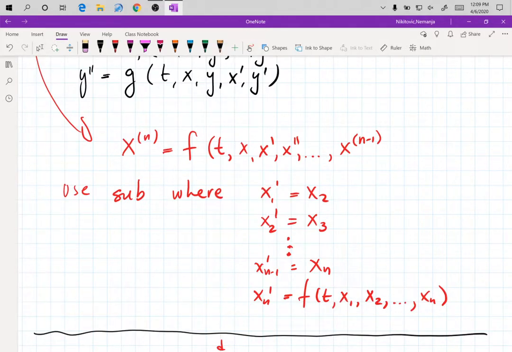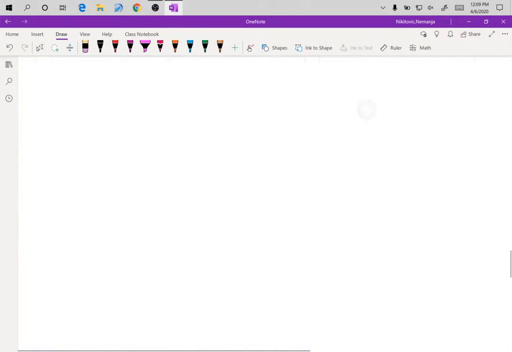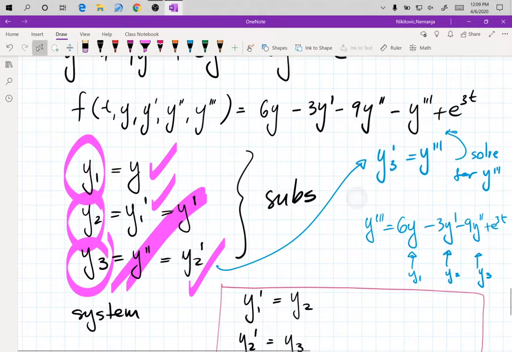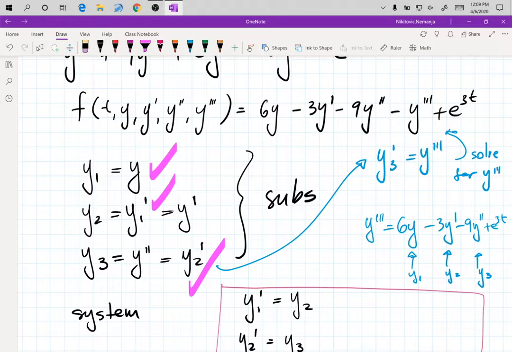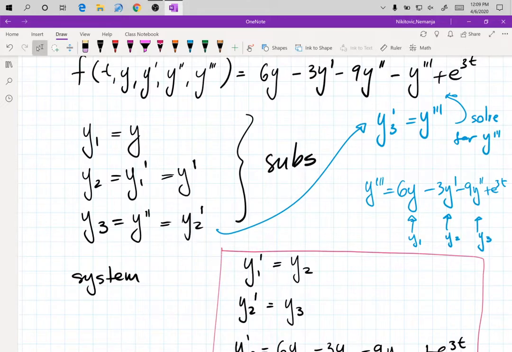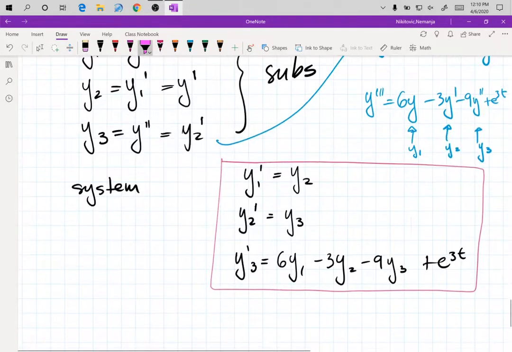So once I define my functions here in terms of y's, all I need is y3 prime, and y3 prime is y triple prime. Solve it, because you have the equation for it, plug it in, and now you just write the system.